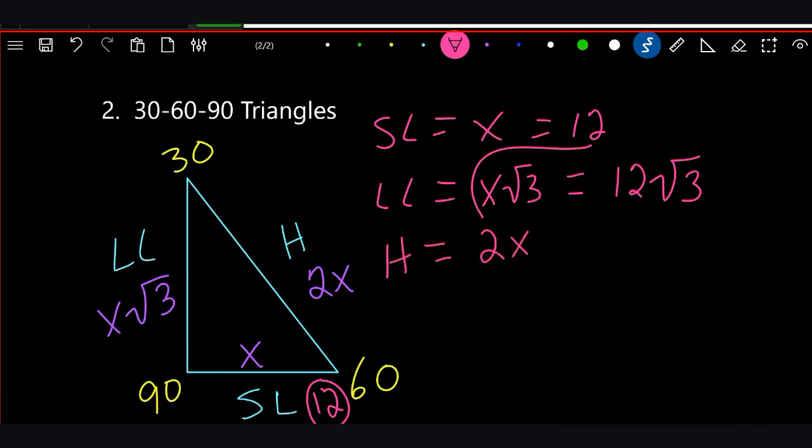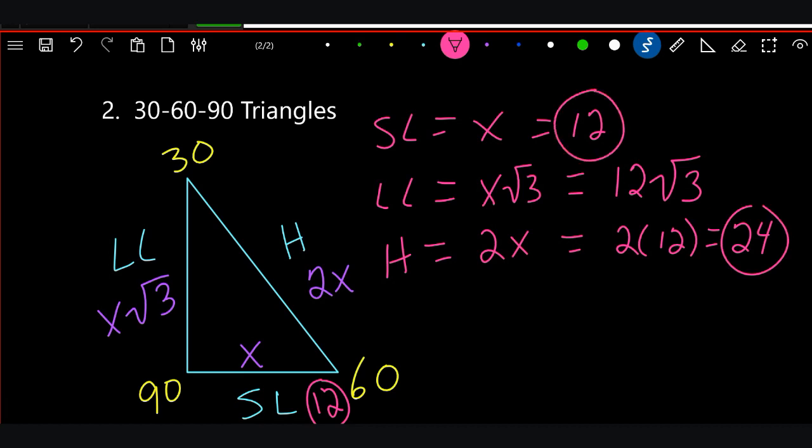Again, we're just going to plug it in to where it goes. So that would be 2 times 12, which would then equal 24. So there's our three pieces to that one. The hypotenuse is 24, and the long leg would be 12 square roots of 3.